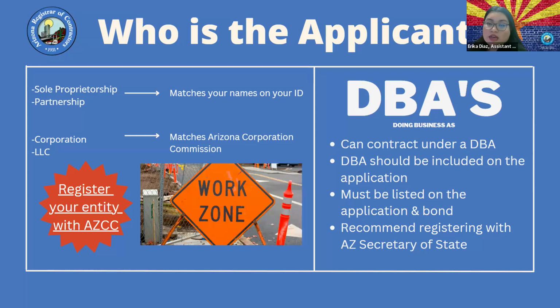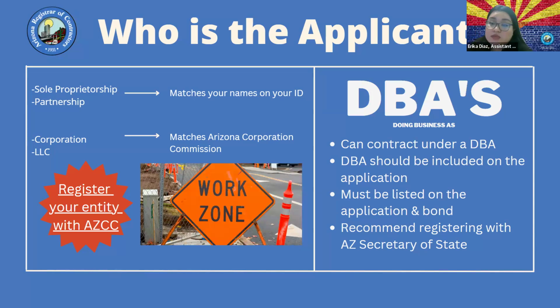When you apply as that name. However, you do have an option of applying with a doing business as, or what's known as a DBA. A DBA is what we call a fictitious name. It is a name that you can use to advertise, to promote your business. You can contract under the DBA.